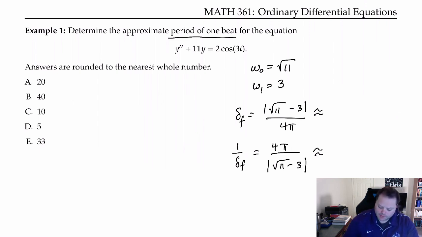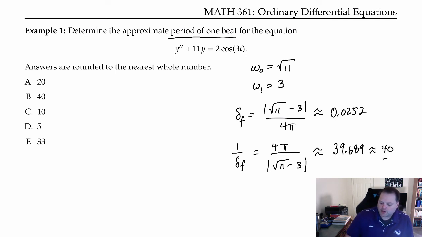All right, so this gives me a beat frequency of 0.0252, and this gives me an approximate period of 39.689. So this is almost 40, right?